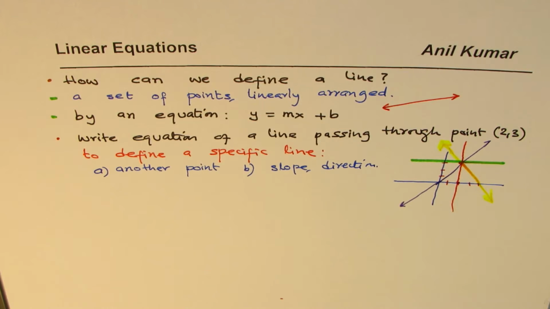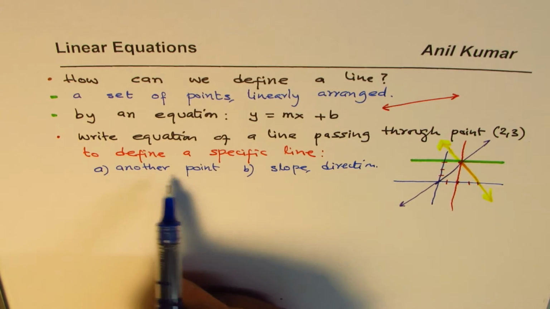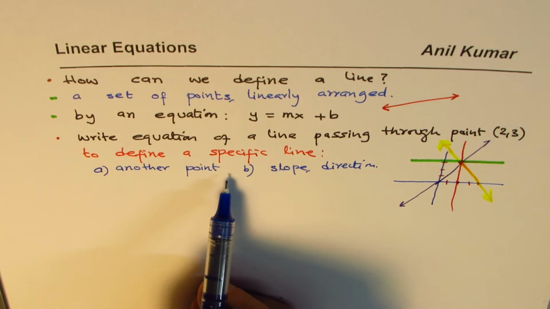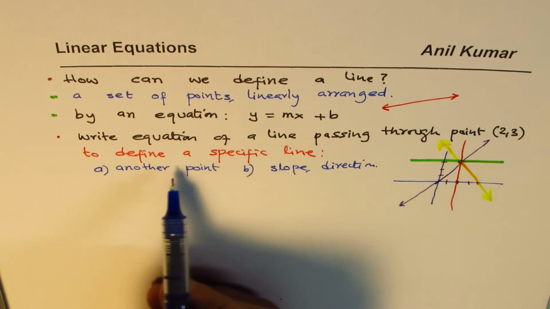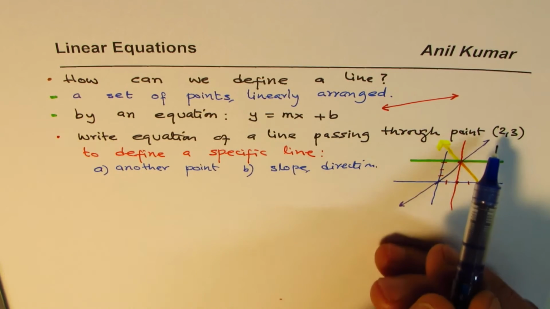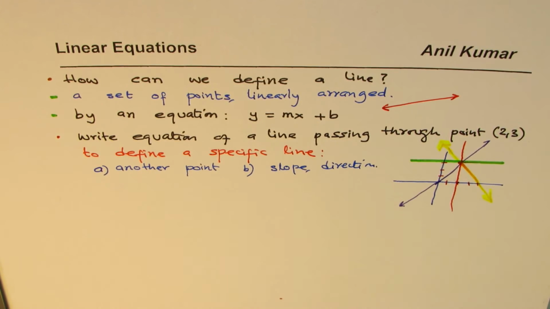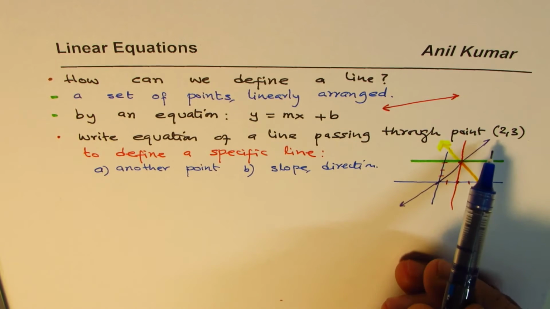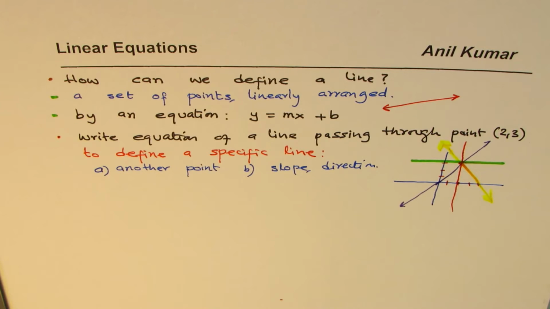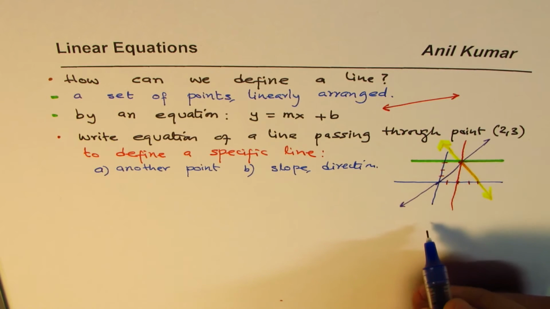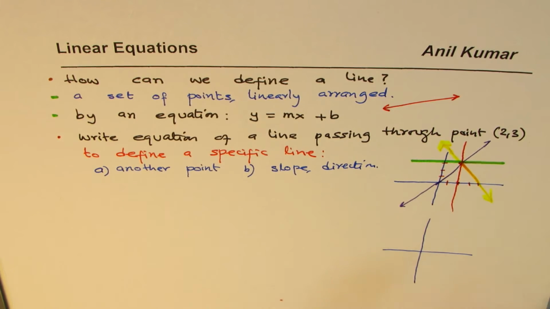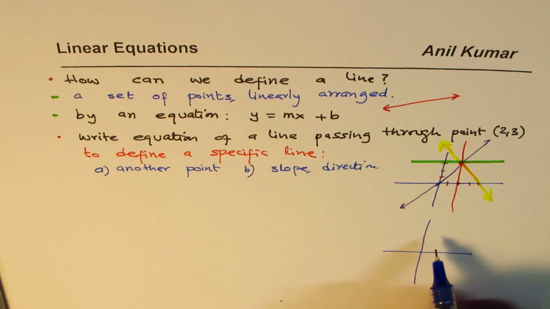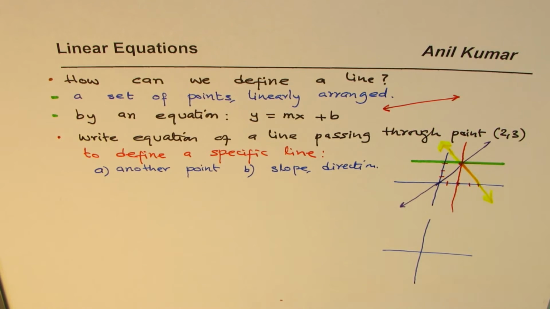Correct? So what we have learned here is that to define a line, we need either a set of 2 points, that means a point and another point, or we need a point and slope. So these two things are required to define a line. Otherwise, if you are just given one thing, that is to say, if you are given a point, you could draw so many, right? Well, if you are given a direction, then what happens? Well, if I say that the direction is kind of like this, let me just give a direction.